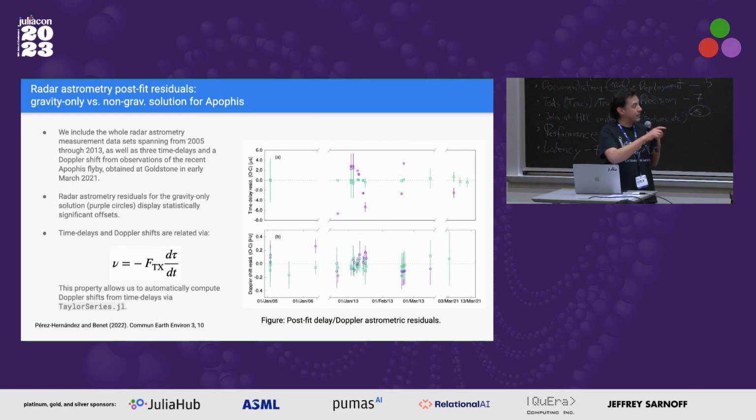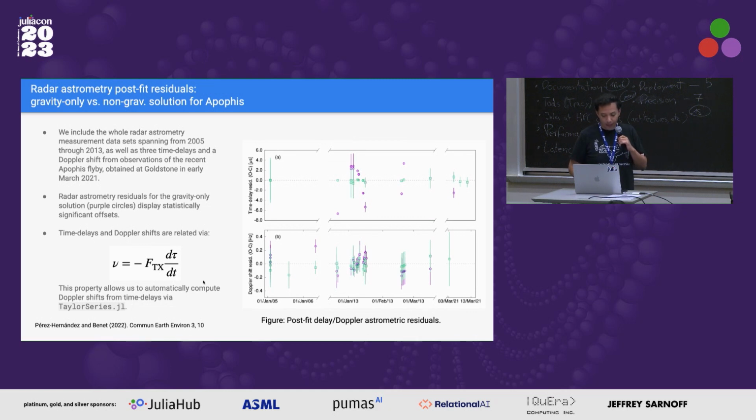And then, to fit the radar astrometry, that's very, very difficult because we have very high fractional precisions. A nice application of automatic differentiation that our package allows is that, if we know that the time delays from radar and the Doppler shifts are related by this differential relation, then using our AD setup, we can compute the Doppler shifts straightforwardly, and we don't need any special things going on.